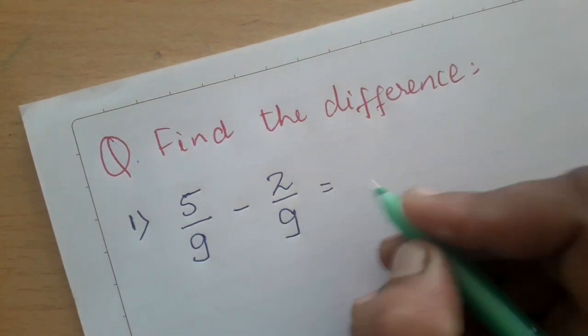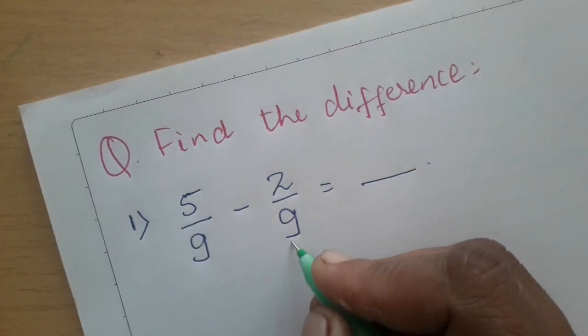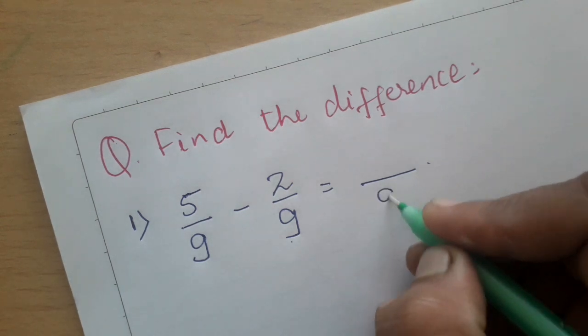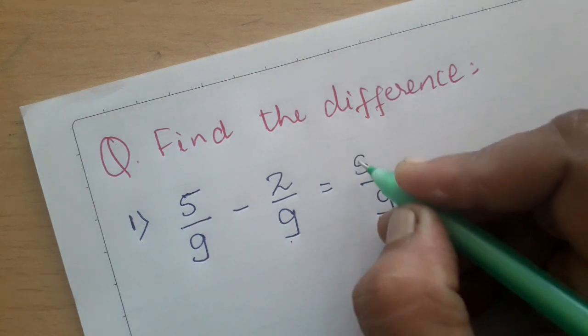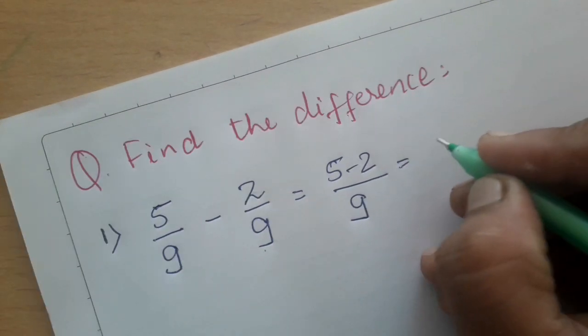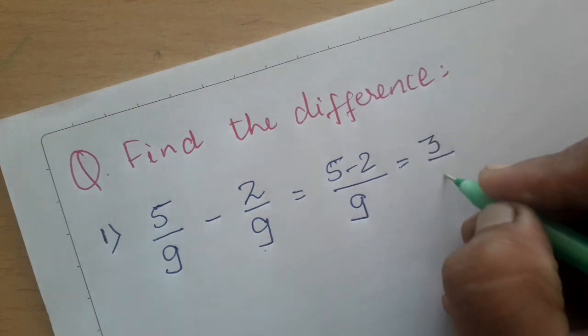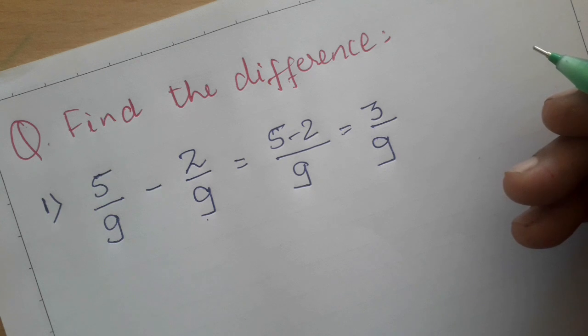Write the common denominator as given, that is 9. So write 9 and then subtract the numerators as it is, that is 5 minus 2. So 5 minus 2 is equal to 3 upon 9.